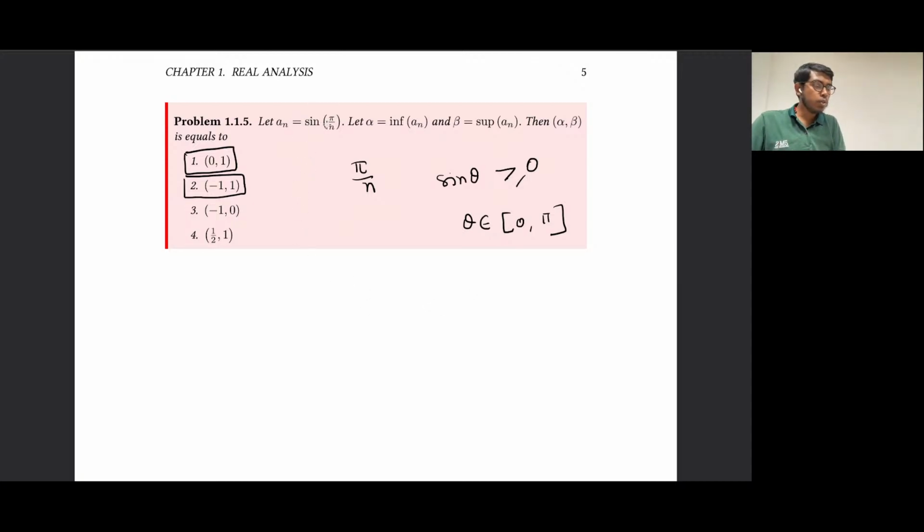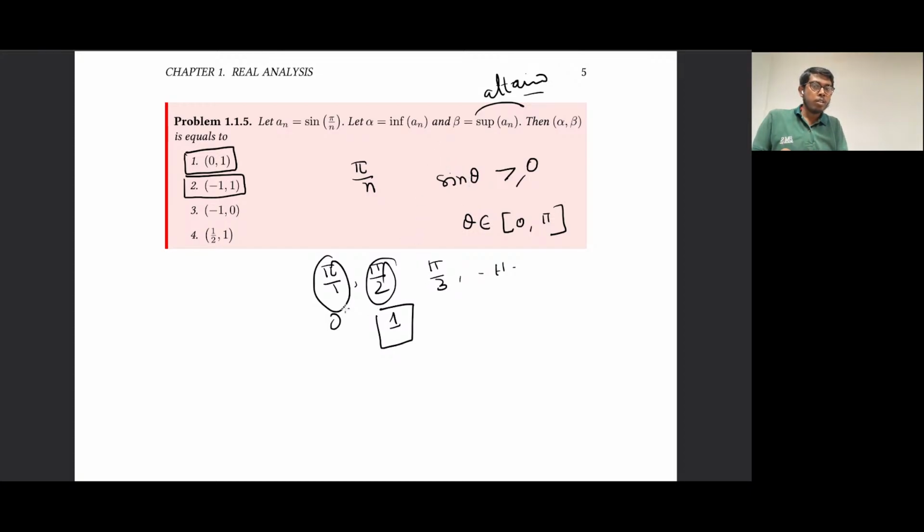You cannot have a negative value because you are doing pi/n. Starting from pi/1, then pi/2, then pi/3 and so on, at pi/2 you will get 1. So of course the supremum is 1, and this is attained.